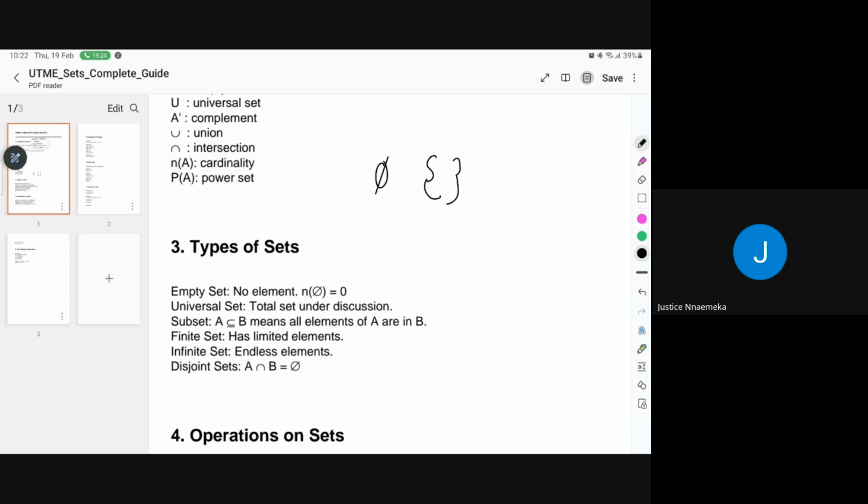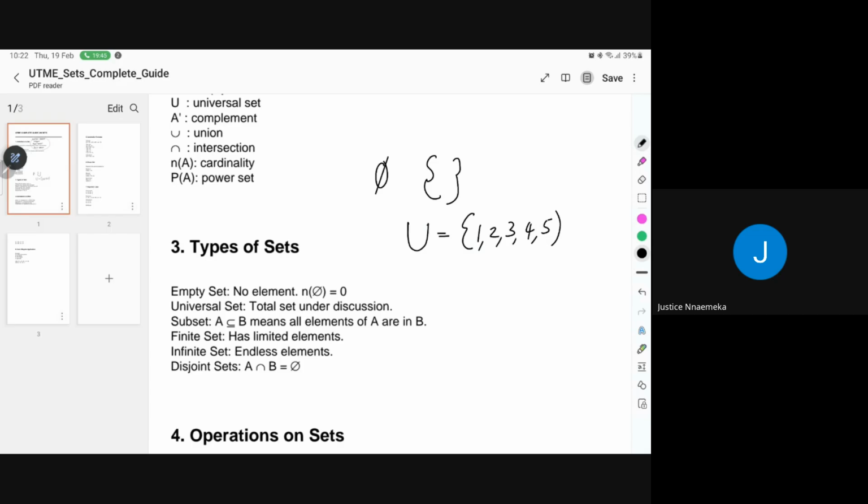So pay attention. We have the types of sets, as you can see. I've spoken about empty sets. We'll have your universal sets. Then we'll have complement of a set. For example, let's say we have a universal set U, and that set comprises 1, 2, 3, 4, and 5.